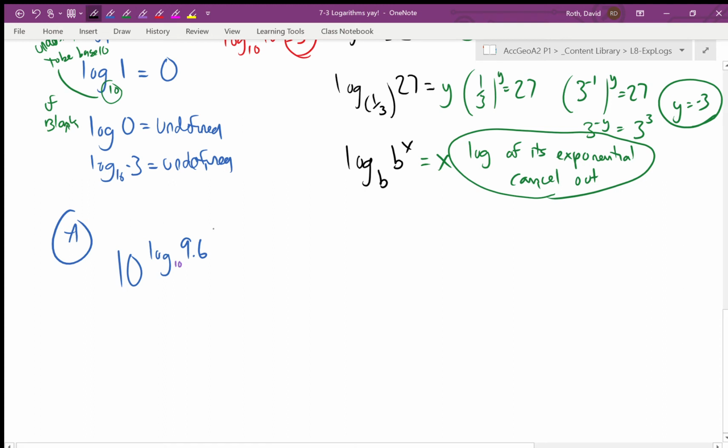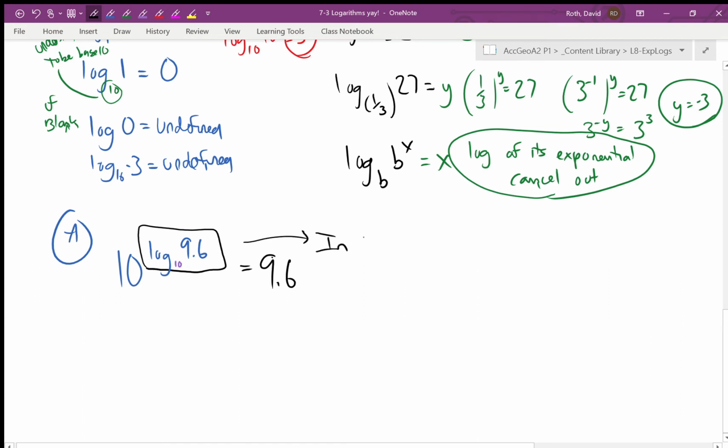10 raised to this whole black box here. Don't forget what this means: the log base 10 of 9.6 is the power of 10 that will get me to 9.6. So I'm going to raise 10 to the power of 10 that will give me 9.6. And guess what? You're going to get 9.6.